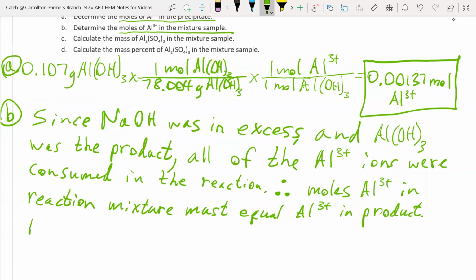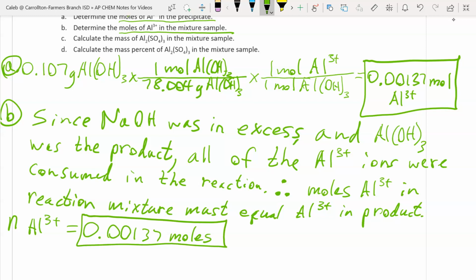So what we're saying is the moles, or the n of Al3+, equals the same number, 0.00137 moles.